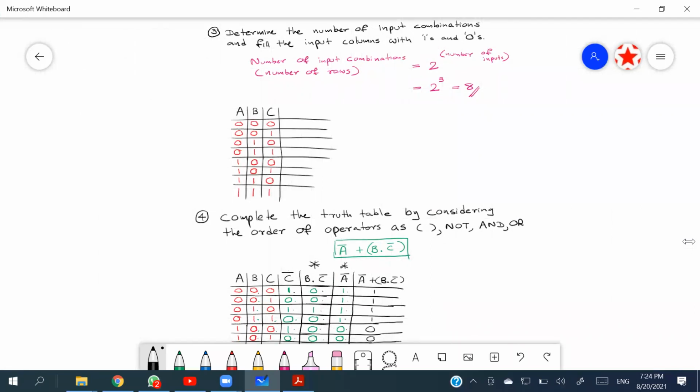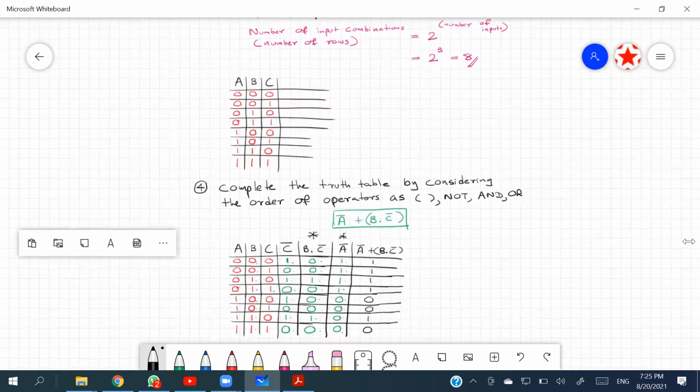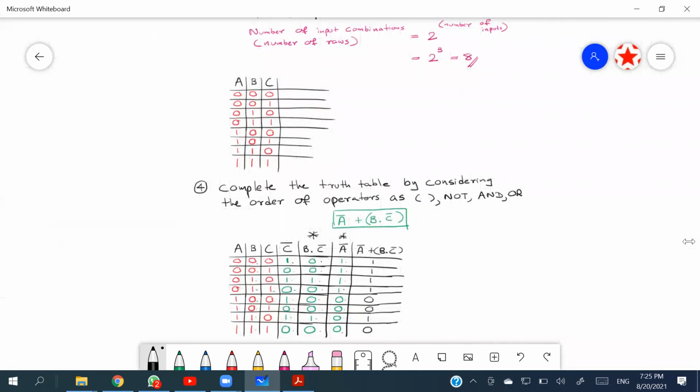If it is an addition, it is according to that. Likewise. Okay, sir. So I'm moving upward. This is the end of the note.